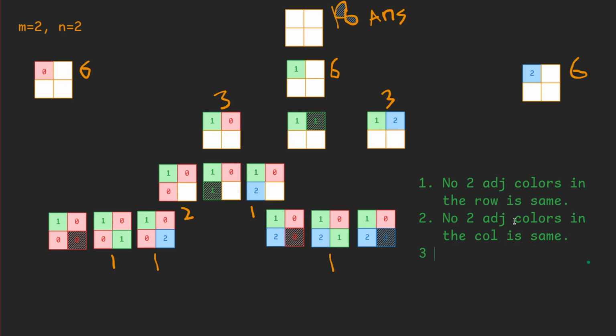Third, we need to count all the valid combinations, right? Here's where DP will come into play for counting, right?